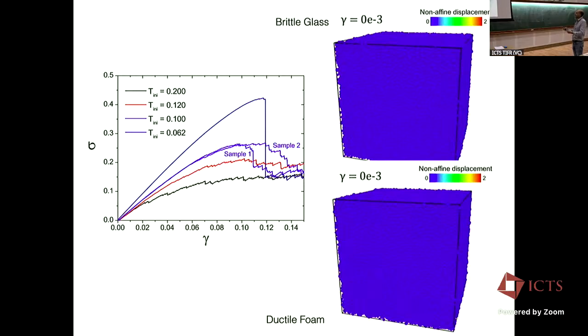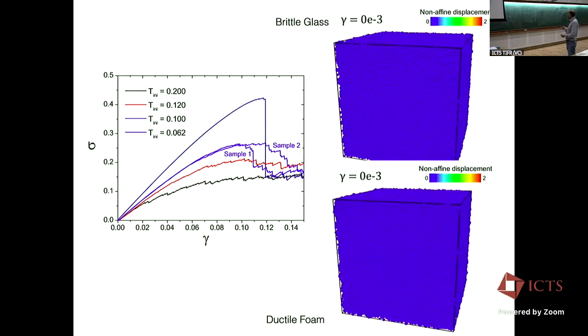If you take a foam and slowly quench it down to a small temperature, you have something which is brittle, which is fragile, and if you do it very quickly, you have something which is very ductile. This is contained in the form of the initial distribution.